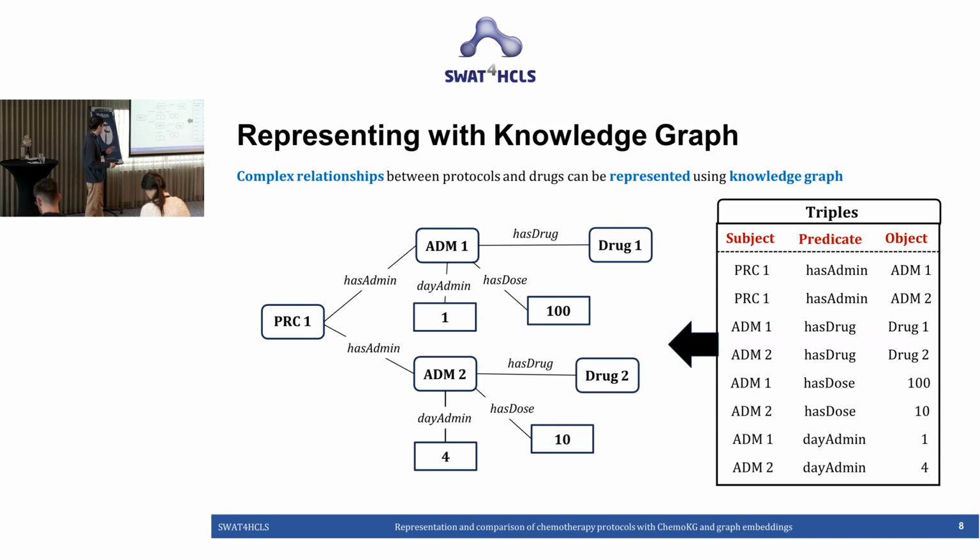They also have properties like day administered, which are literals here, and doses, how much they are going to take. For example, 100 for administration 1, etc. This is the knowledge graph, based on triples of subject, predicate, object.